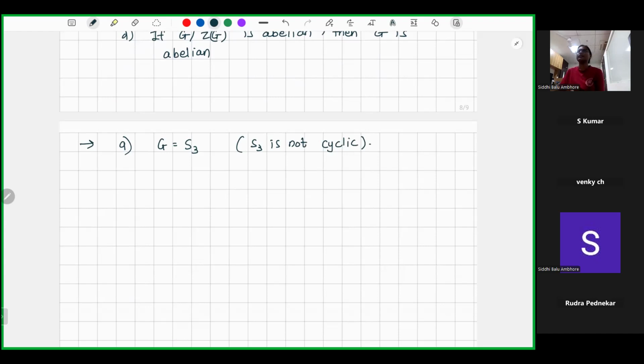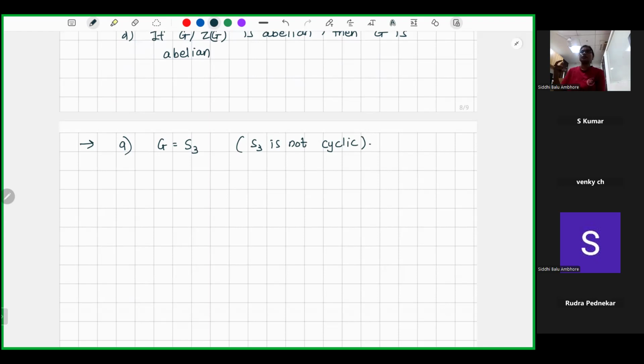Is it clear that S3 is not cyclic? All the possible cycles are of size 1, 2, 3, and 6.